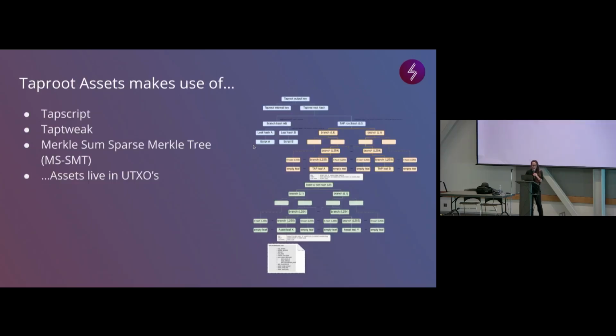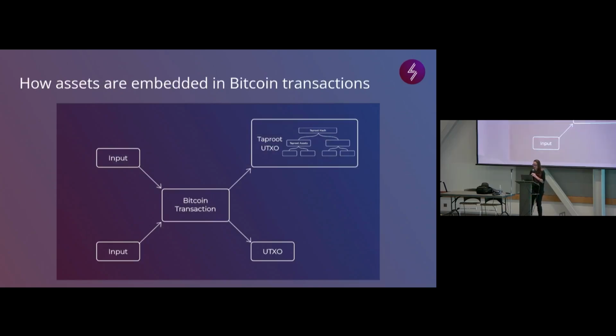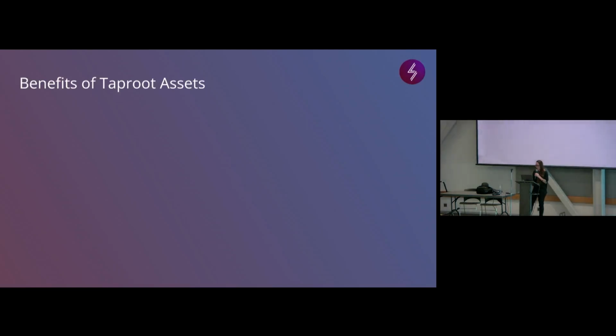And if we all remember tap tweak, we know we can take that root hash and, with fancy math, mush it together into an address. And that's how we embed all of this data into a UTXO. And then that lives on the Bitcoin blockchain, in a manner of speaking.